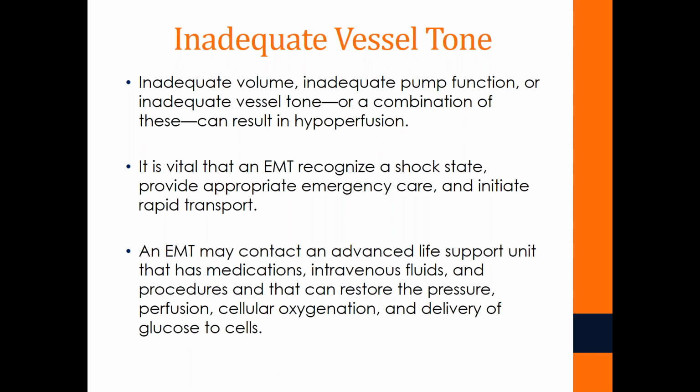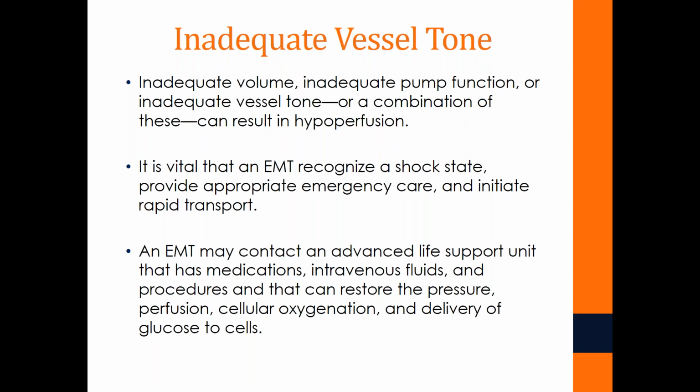So it's important for us to recognize a patient who is either A, already in shock, or B, well on their way. We do that by looking at mechanism of injury, nature of illness, and we start weighing what our patient looks like and what our vital signs are pointing us towards. Our appropriate emergency care for this patient is really quite simple.